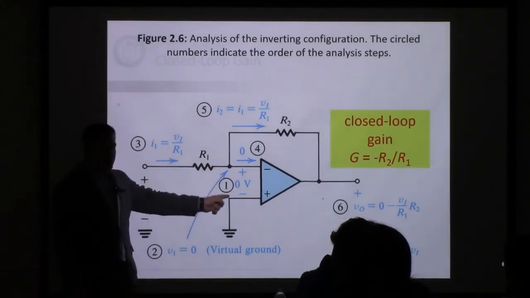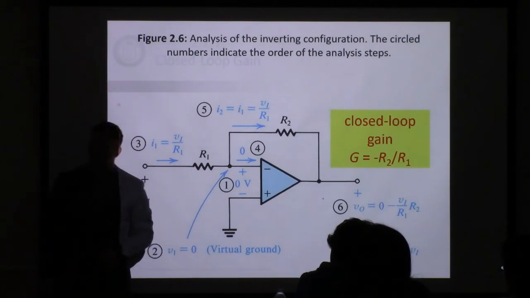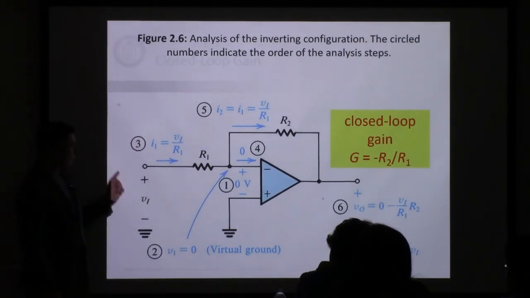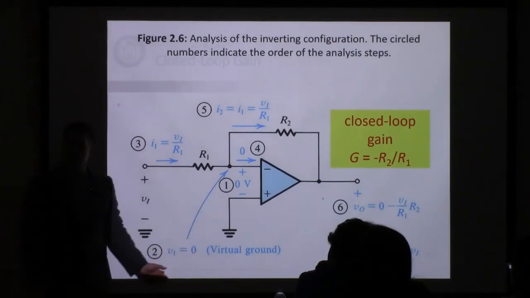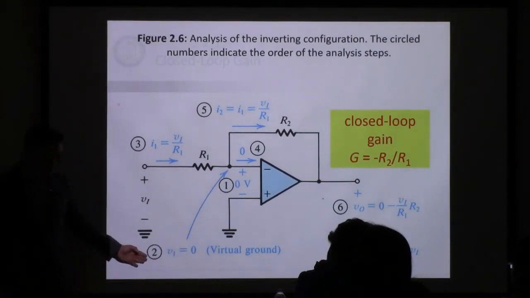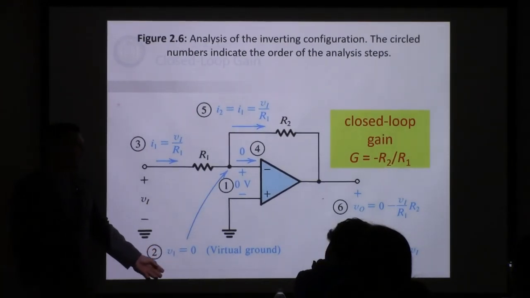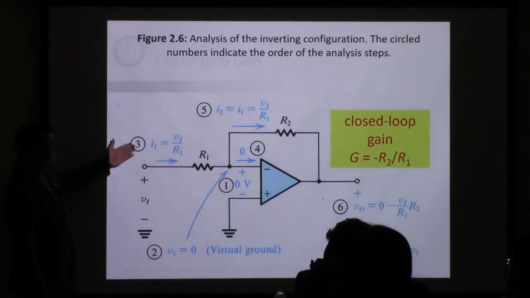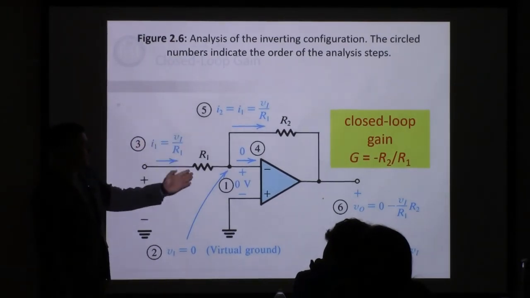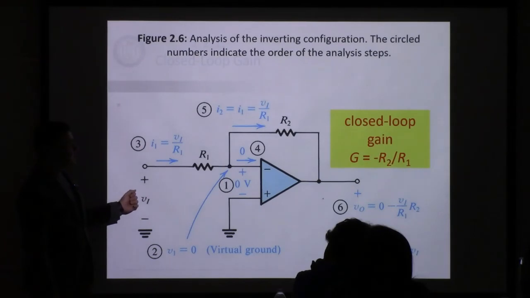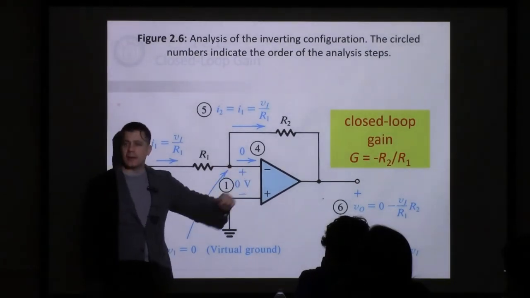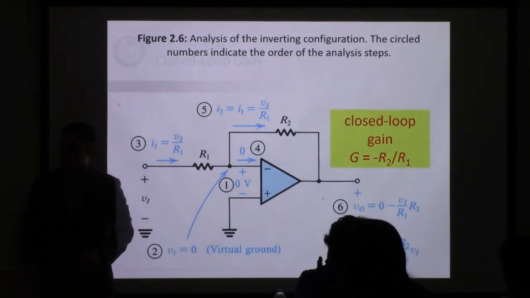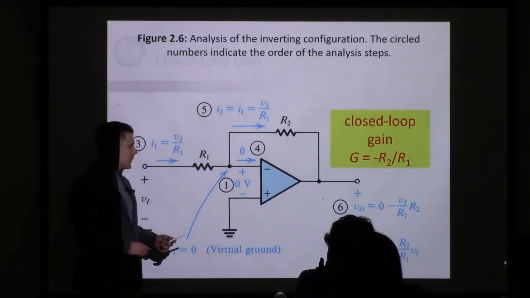So we know there's a 0 volt differential between the two terminals. Step number 2, well, step number 1 and step number 2 are really the same step. They're saying apply the virtual ground. Step number 3, we know I1 is equal to V in divided by R1. Step number 4, figure out that there's no current flowing into the op-amp because it has an infinite input characteristic.